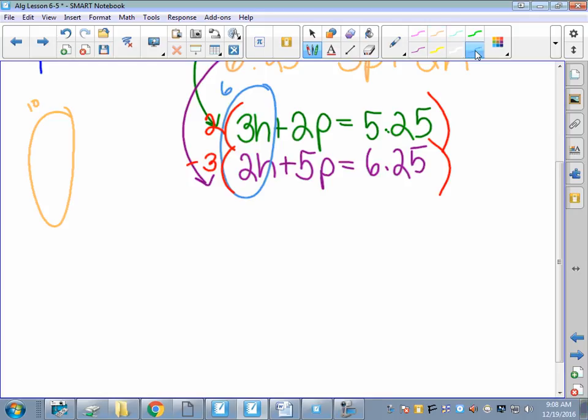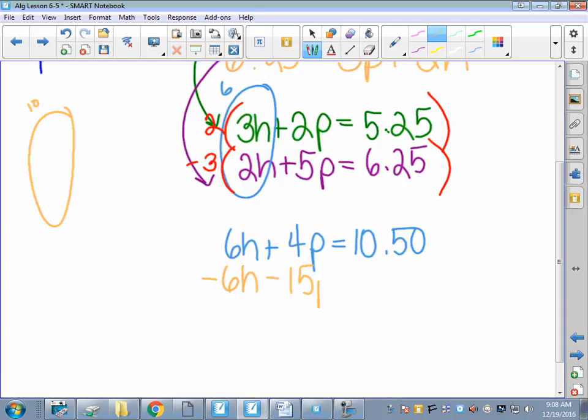So now my first equation, when I multiply everything by 2, 6H plus 4P equals $10.50. When I multiply my second equation by negative 3, I'd have a negative 6H minus 15P equals, what will that be, a negative $18.75?